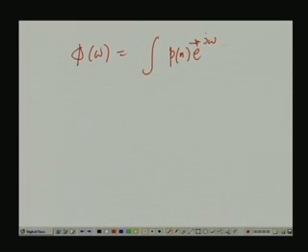You can see one thing, I repeat, we had phi(omega) equal to the integral of p_x(x) e to the power j omega x dx. Okay.